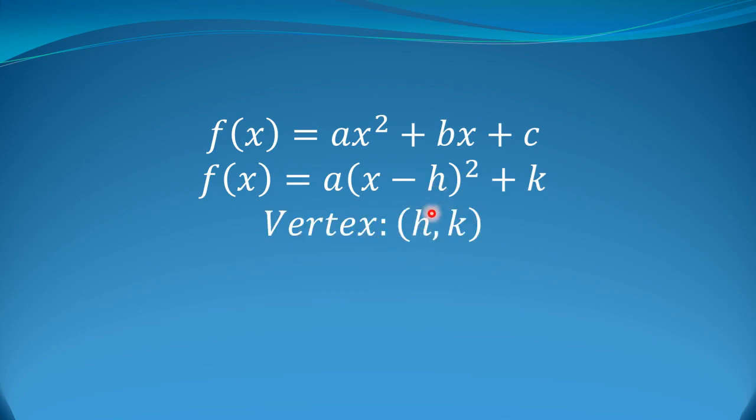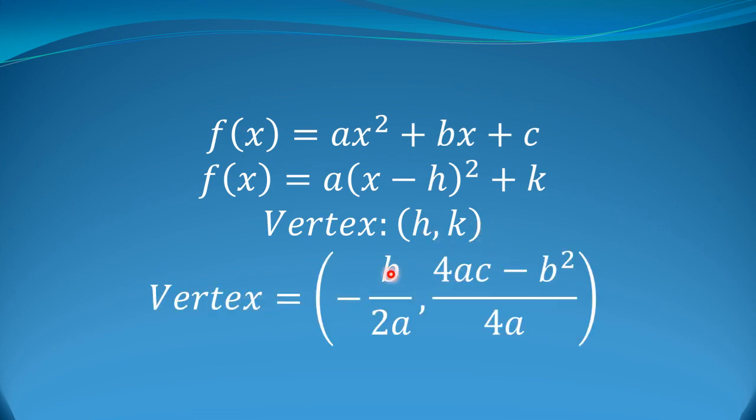So your vertex is just (h, k), or you could also use that formula that we showed you, with negative b over 2a for x and (4ac minus b squared) over 4a for y. So if you don't want to complete the square, but you want to get the vertex, you can just do this right here. So these are your friends.